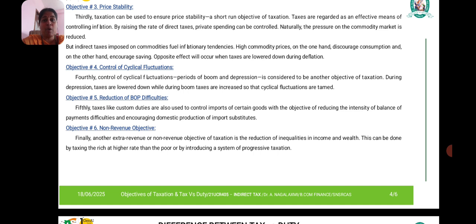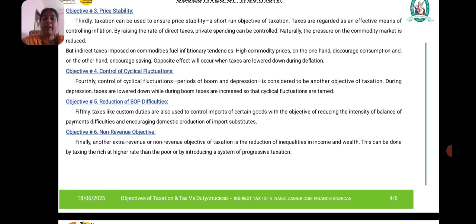If we put more tax on imports, it will automatically reduce the import of goods from other countries. Our country's domestic products will get a good market in the country, and it leads to economic growth. That is a very important objective, the reduction of BOP difficulties.